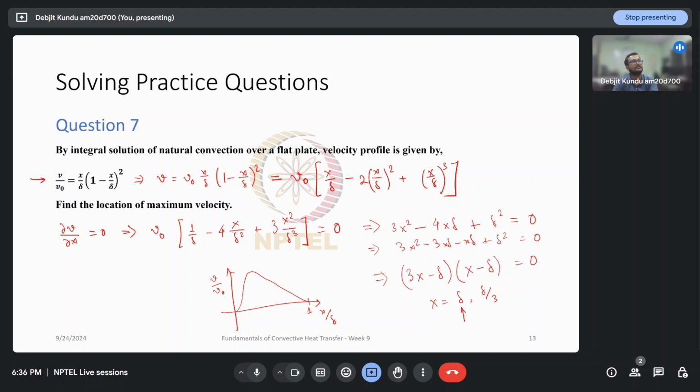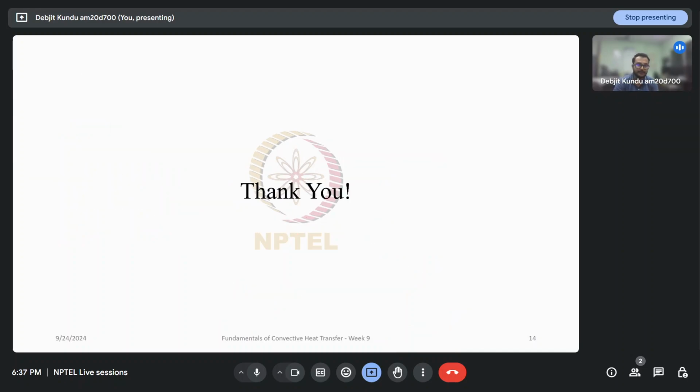So that won't be the location of maximum velocity. Maximum velocity would be at this location at 1/3. So x equal to delta by 3 is the correct answer. Alright, so that's all for today. Thank you.